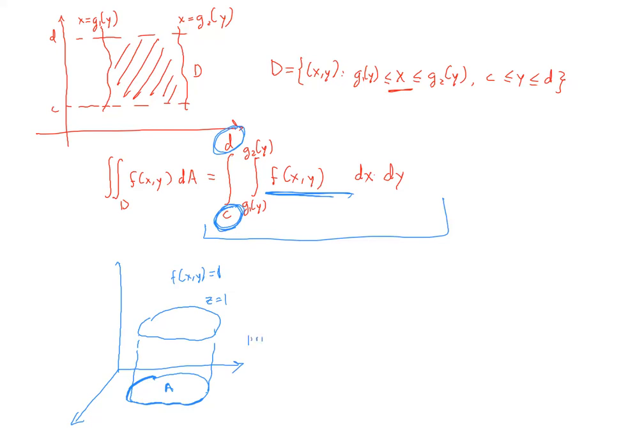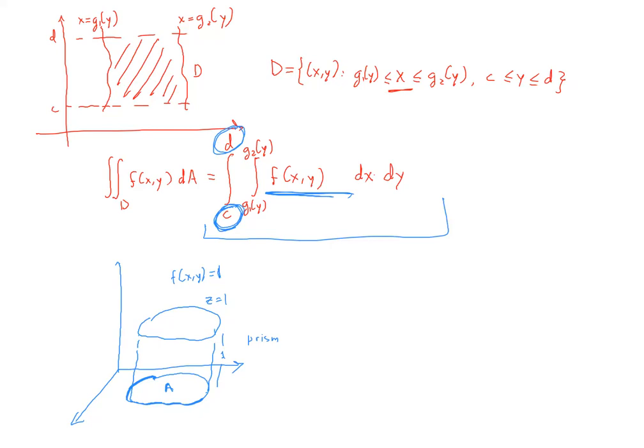And exactly because the height is equal to 1 right here, the volume of this prism, numerically speaking, is going to be exactly equal to the area of the domain of definition.